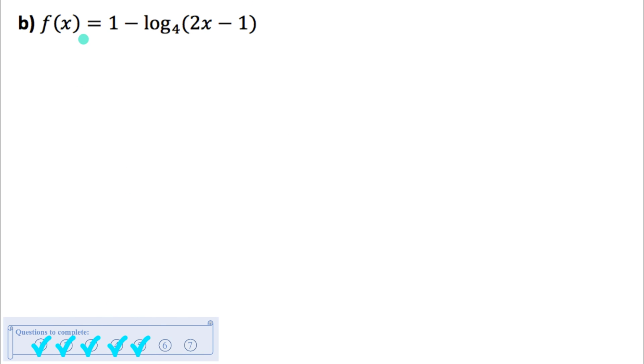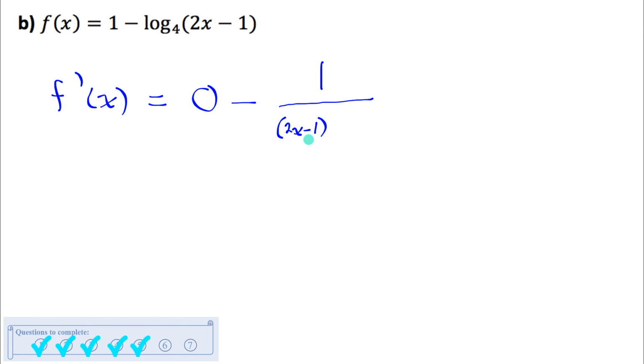Part B says f of x equals 1 minus log base 4 of 2x minus 1. So if we're going to find f prime of x, well, I'll differentiate 1 with respect to x, that's just 0, minus, now I'll differentiate this log function with respect to x, and I know the derivative of that would be 1 over the argument, 2x minus 1, times ln of the base, which is 4, and that needs to be multiplied by the derivative of the argument, which is the inside function.